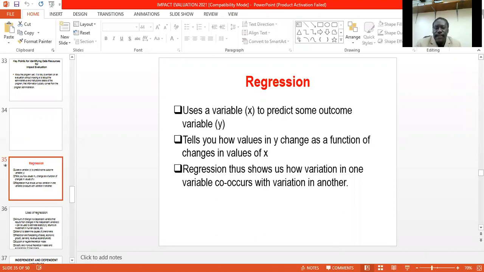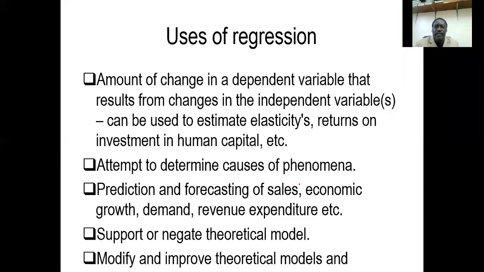Now, that is for the case of regressions. What we say here is that it attempts to determine causes of phenomena. What causes the situation? You can use it to make predictions about economic growth, road expenditure, dispensary construction, dispensary expenditure, infrastructure projects of any kind, street lights, and so on.